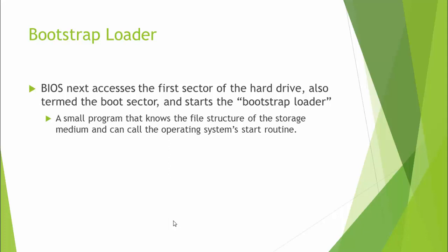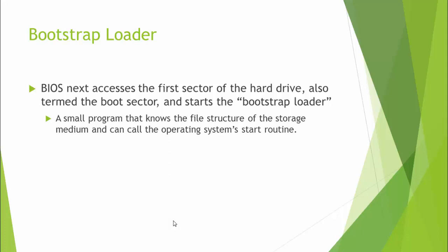Now, after those things have been done, if the hardware is deemed to be effective and configured appropriately, the BIOS will then go to the first sector of the hard drive or other drive that we've designated as the boot drive and look for the boot sector.